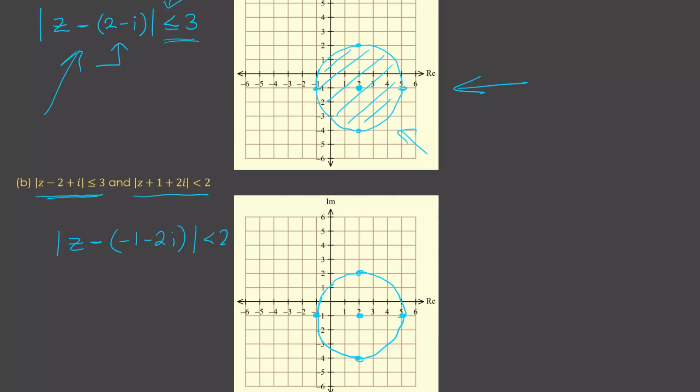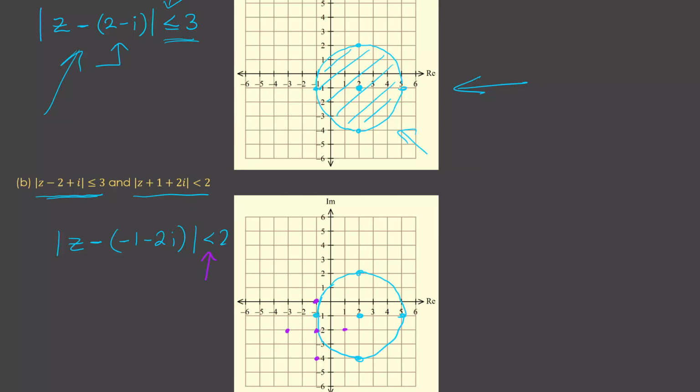Now, maybe let's just change the color for the other one. And so -1, -2 is the center for that one. And the radius is 2. And so we get that.